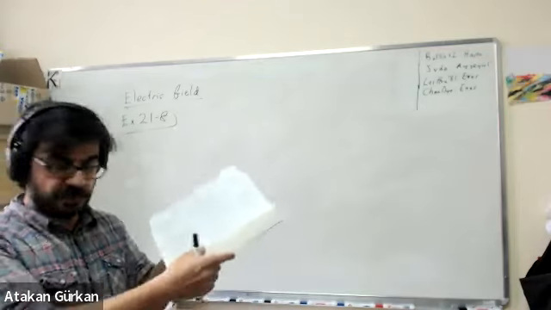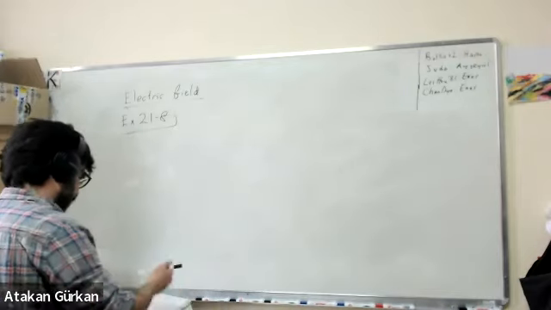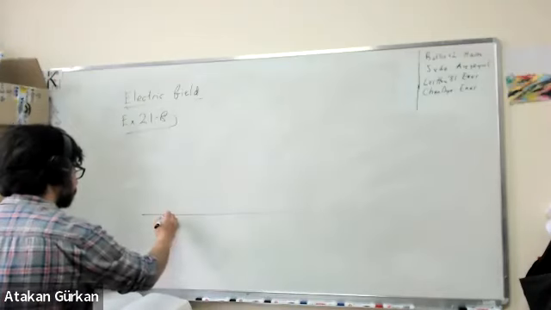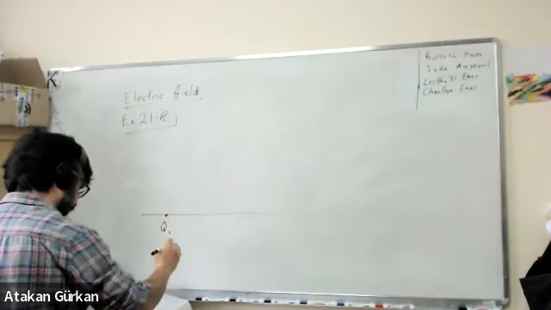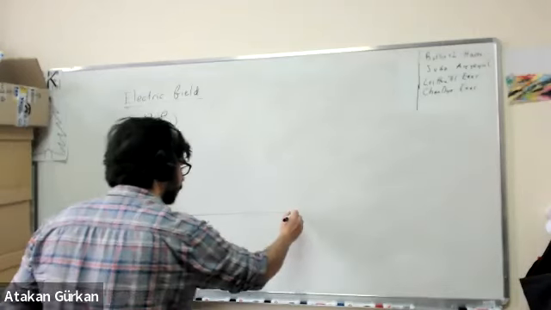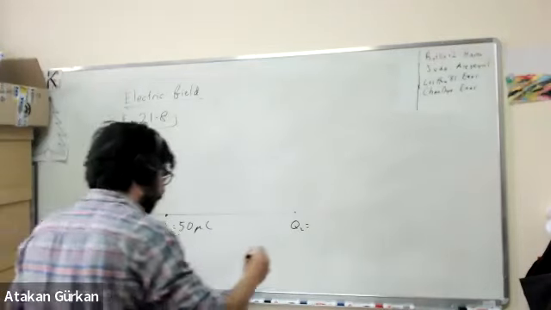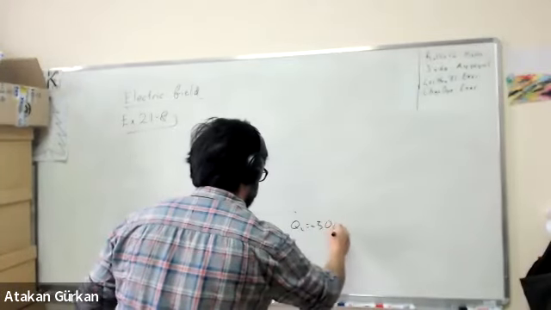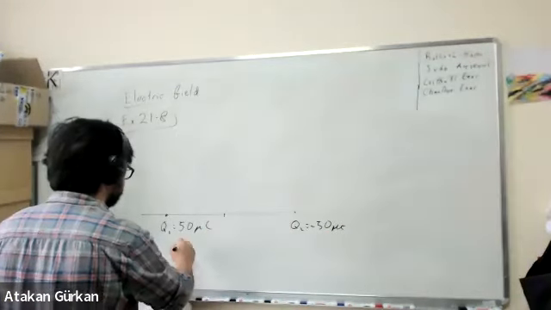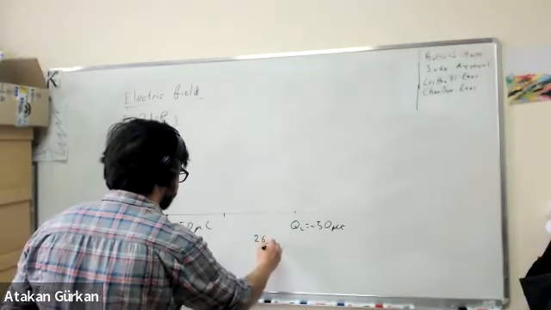So I have a book here, and there's a figure 21.27, and that one has a number of charges. There's a horizontal line. On this line, there's Q1, which is 15 microcoulombs, and there's Q2, which is minus 50 microcoulombs. And this is separated by 26 centimeters and 26 centimeters.